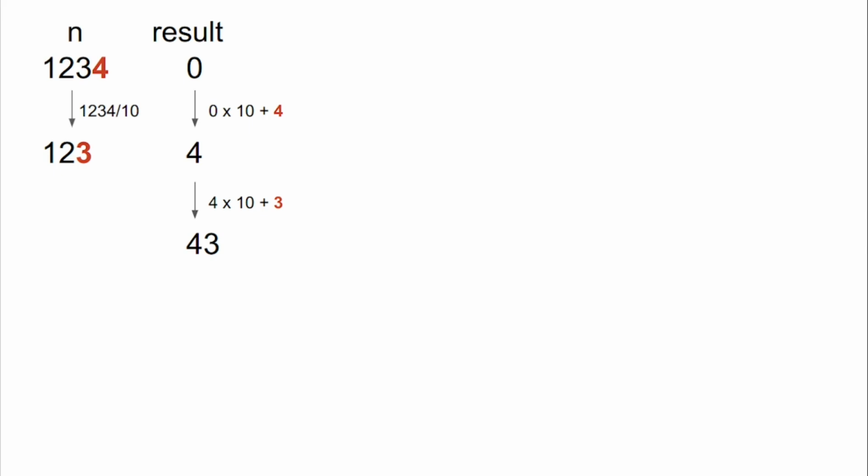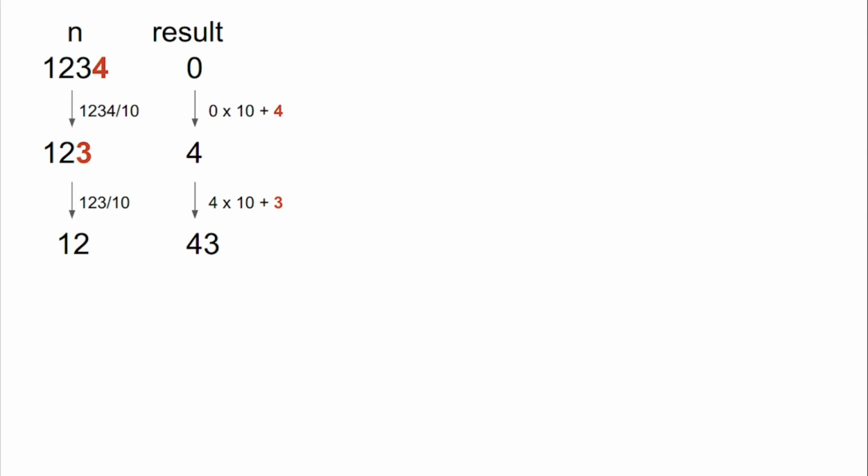And then for the next value of n, we'll again take all digits but the last digit, that is 123 by 10, and we'll get 12 this time. One thing to notice here is that the new value of n is 12 and the result is now 43. That is, the number has started reversing, as you can notice now.